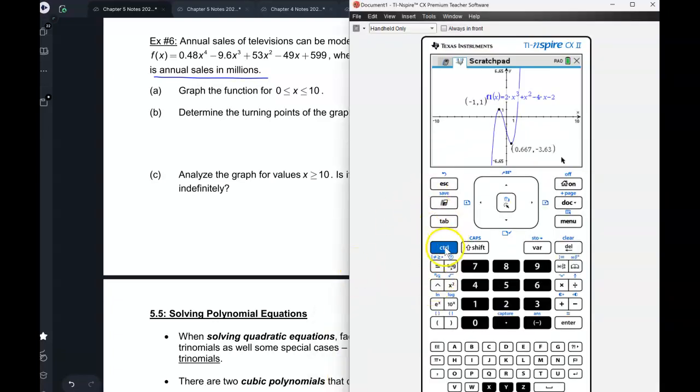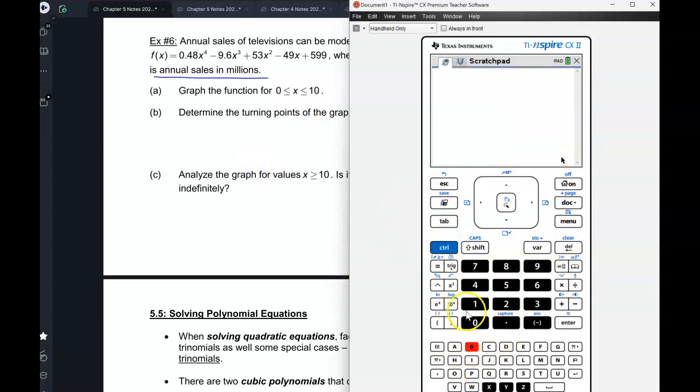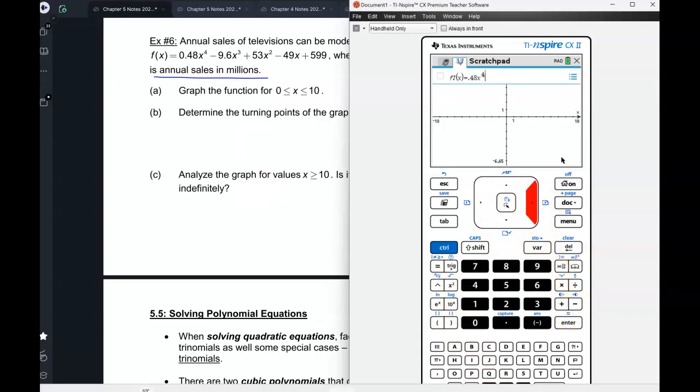So let me clear this. I'm just going to do Doc B very quickly, and I'm going to type in this function. 0.48, minus 49x.